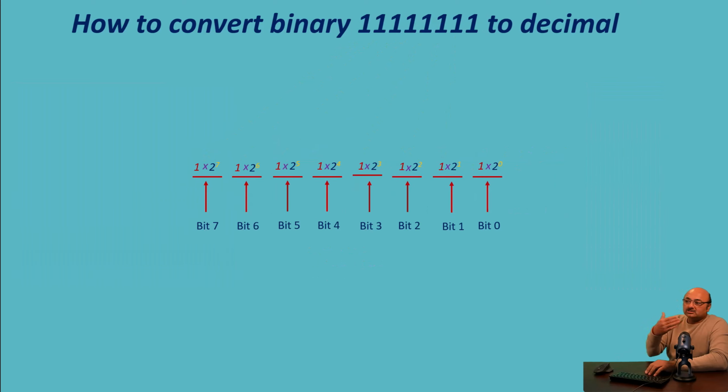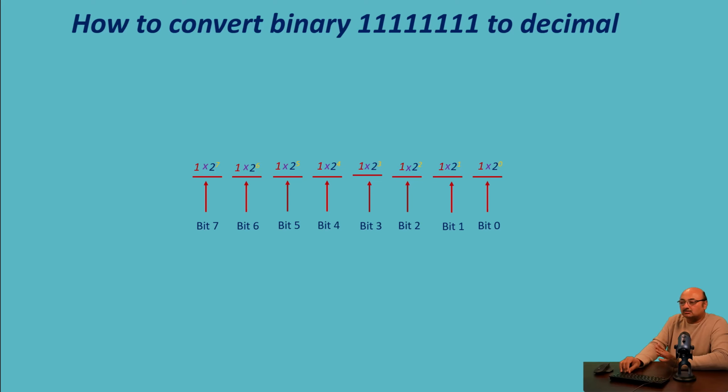Now quickly jumping forward, we'll see how exactly a number of 8 ones works. We have 8 binary digits, and all of them are 1. We take all of them and put them next to their corresponding positions, and then multiply by 1.